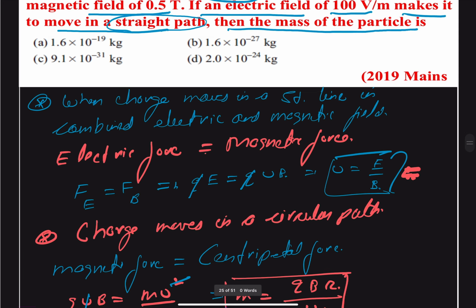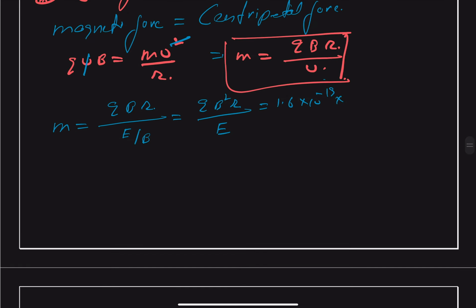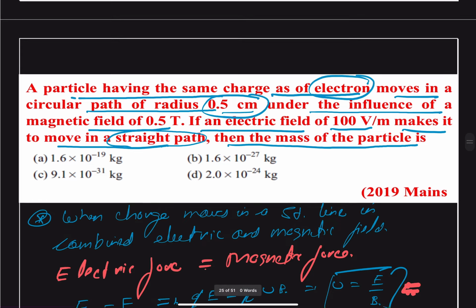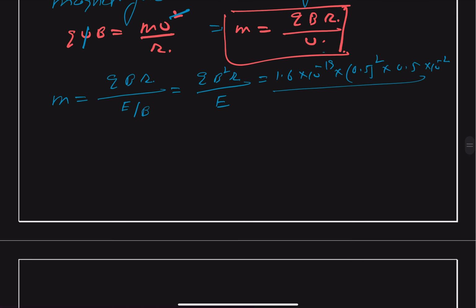Magnetic field is given to us as 0.5 Tesla, so this is 0.5 whole square, and the radius is given as 0.5 into 10 to the power minus 2, and the electric field is given as 100.